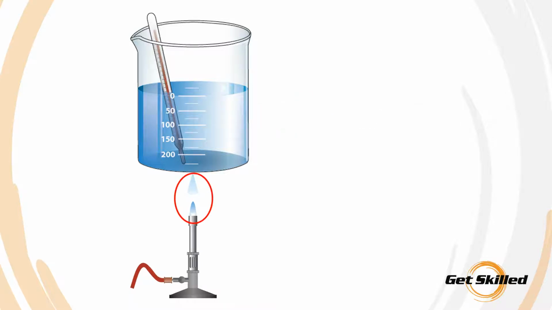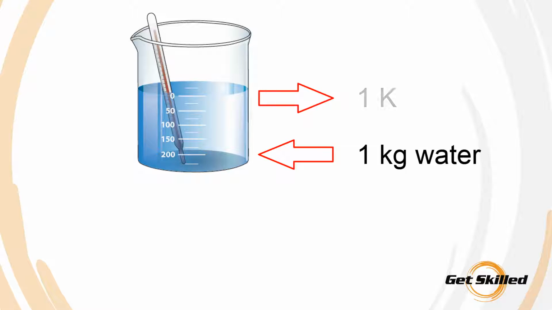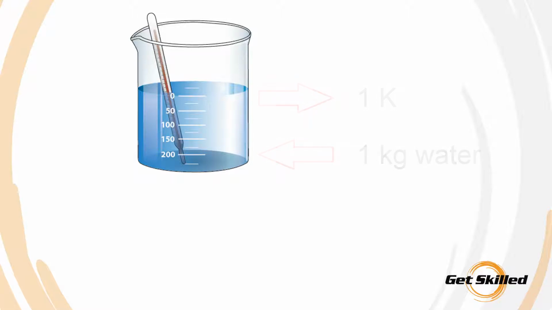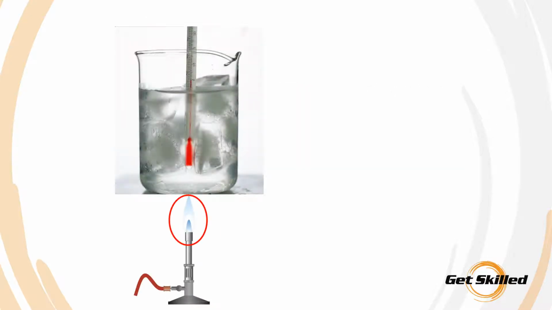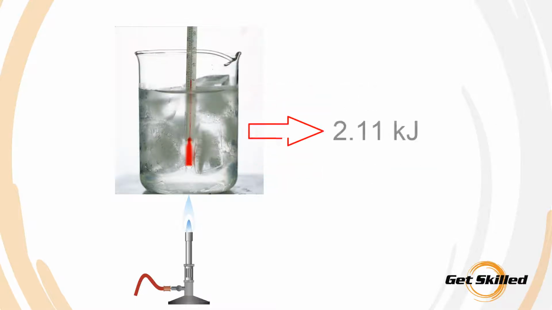The amount of heat removed to lower the temperature of 1 kilogram of water by 1 Kelvin is also 4.187 kilojoules. The amount of heat required to raise the temperature of 1 kilogram of ice by 1 Kelvin is equal to 2.11 kilojoules.